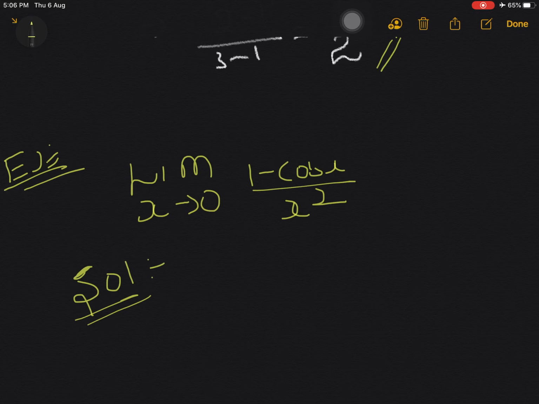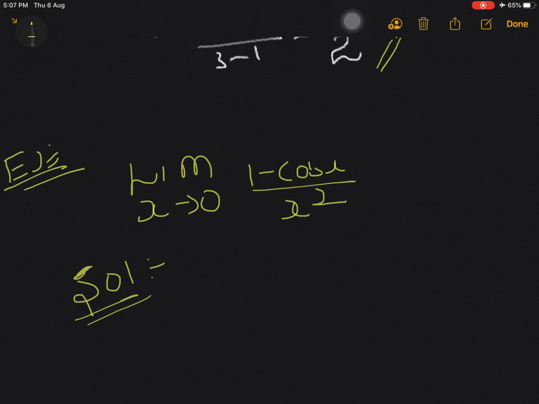Here most of you may have a doubt: sir, what do we do when it is in the form of cos x? We know the standard results only for sin x and tan x. What do we have to do if it is in the form of cos x?